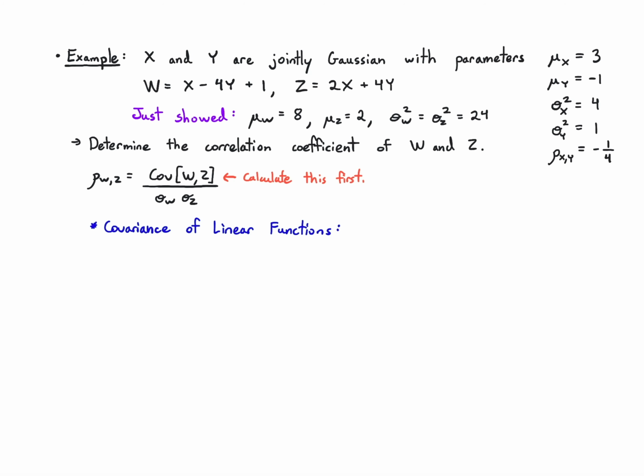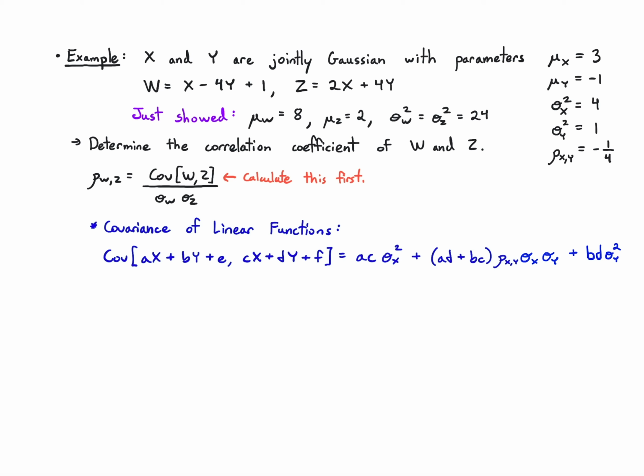Okay, so the covariance of two linear functions, so ax plus by plus e and cx plus dy plus f, we know that that's going to be ac times the variance of x plus ad plus bc times the correlation coefficient times the standard deviation of x times the standard deviation of y plus bd times the variance of y.